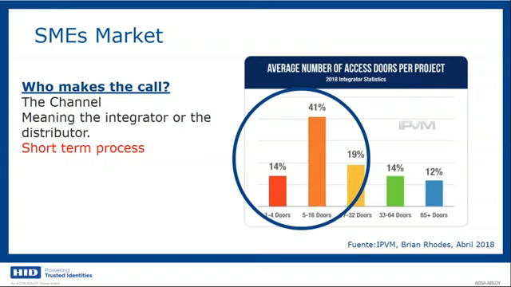When I'm talking about the channel, we are talking about the integrator or the distributor. Normally, these are short-term processes, sales that do not take that much time, and we can satisfy them with a solution that can go up to 8 or 16 doors, depending on the quantity of doors that the user wants to control.